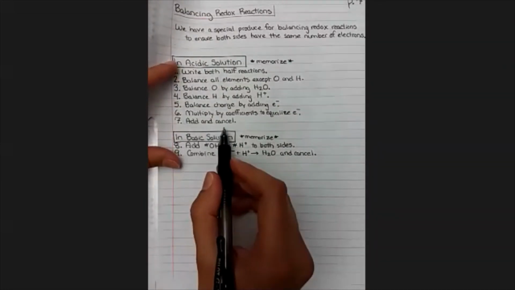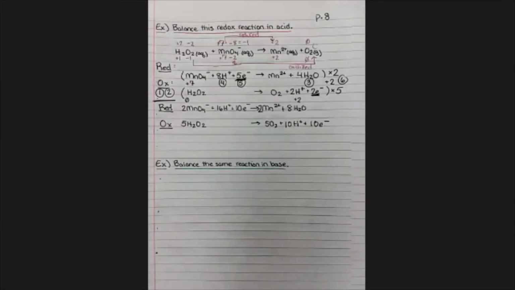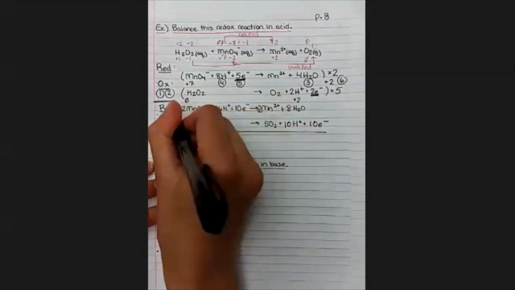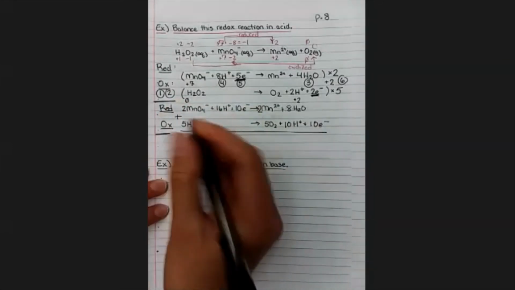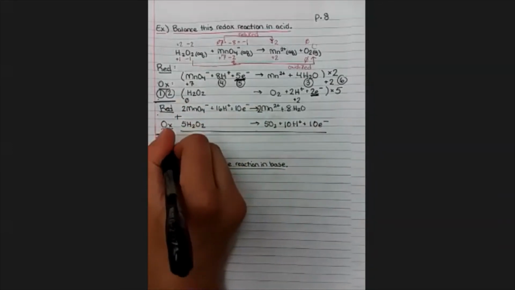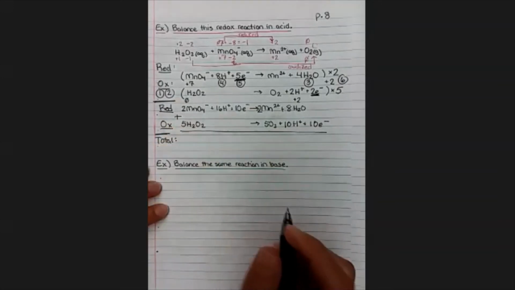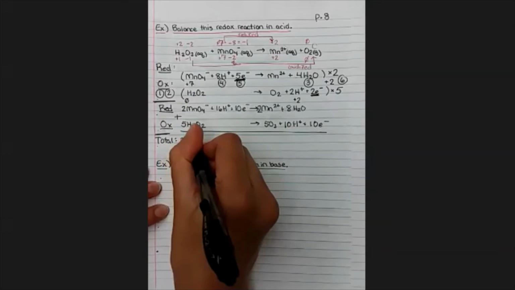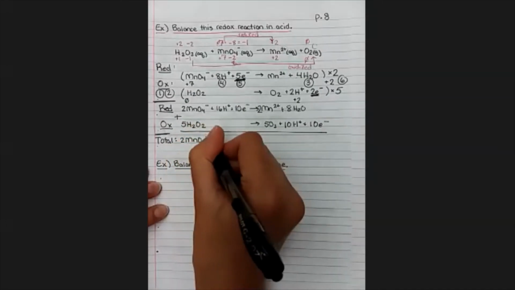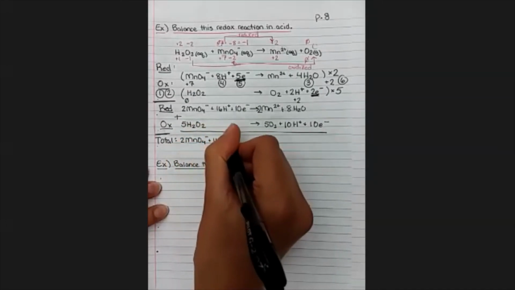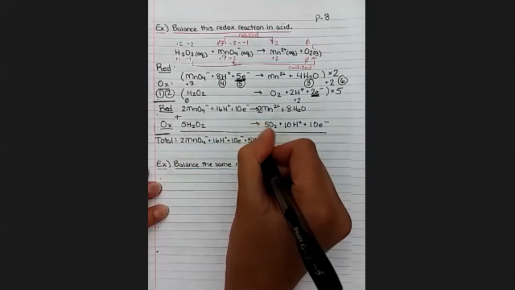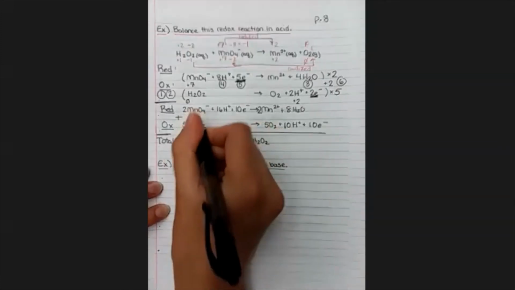And so now our final step is to add everything together and to cancel out any terms that are present on both sides. We'll put a plus sign and a sum. We'll add them together to get the total. We just want to make sure we don't lose any of the terms. So we've got 2 MnO4 minus plus 16 H plus 10 electrons plus 5 H2O2 from both of the left sides.